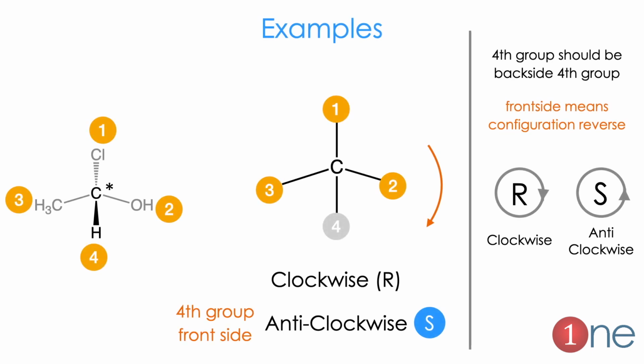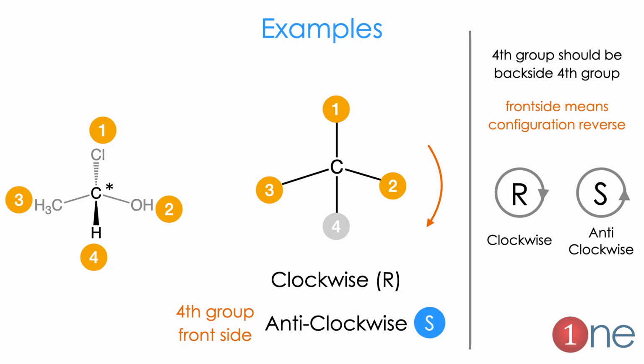Okay, here the thing I want to mention separately because it is very important. Here there is no problem with the arrangement, but the catch is the hydrogen atom. Here the hydrogen atom is on the front. Hydrogen in front means the configuration will be reversed. So the first assignment will be chlorine, second will be OH and third will be methyl, 4 will be hydrogen, no problem.